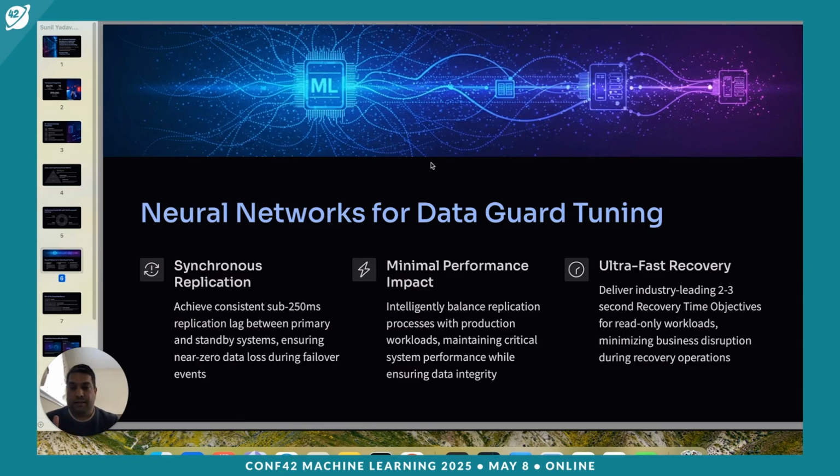The solution is only suitable if there's no data loss, right? We don't want any transaction to be lost if there is a database failover between primary and secondary. Otherwise, the solution holds no value if there is a lag which results in transaction loss. So the most important thing is there should be milliseconds of lag between primary and secondary.